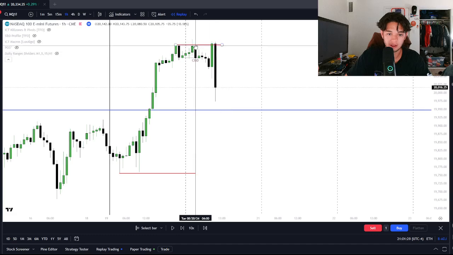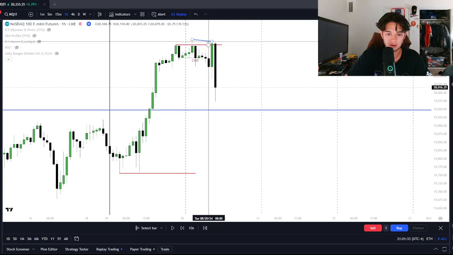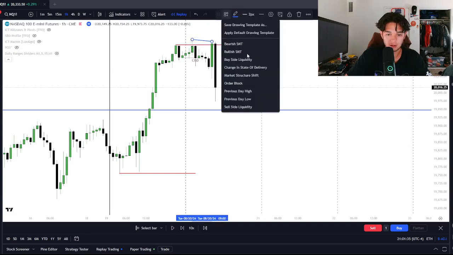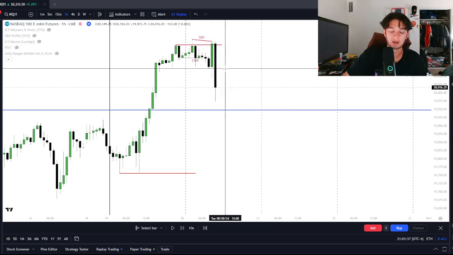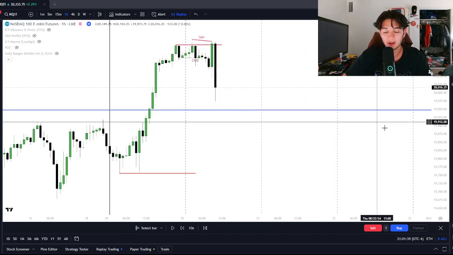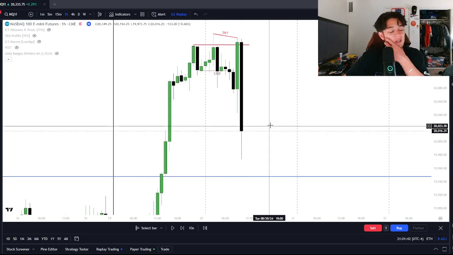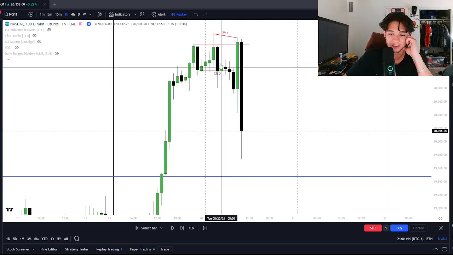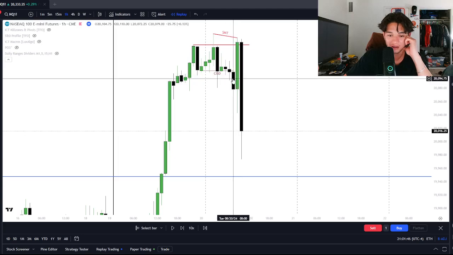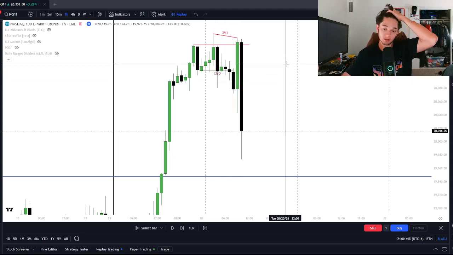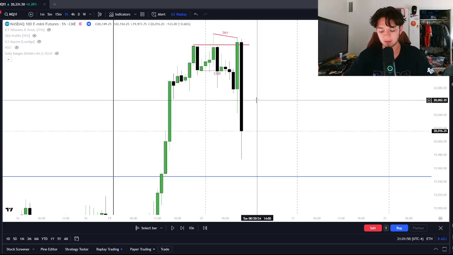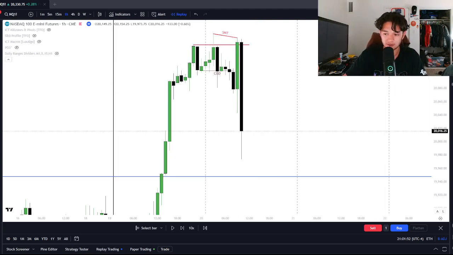And then we get bearish SMT. And now we really do change the state of delivery. I think what I'm taking away from this is that the change in the state of delivery has to be pretty strong. Like, this isn't enough, I guess. But yeah, we have SMT, so I'd want to see expansion lower.